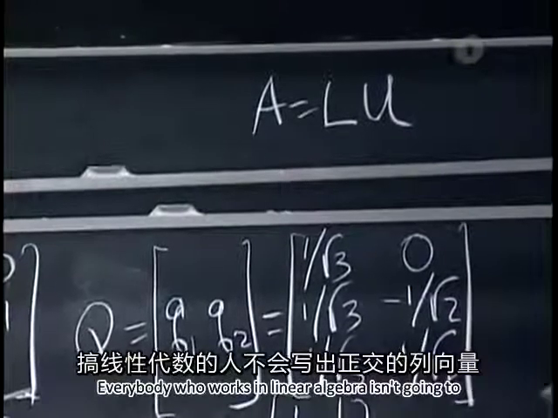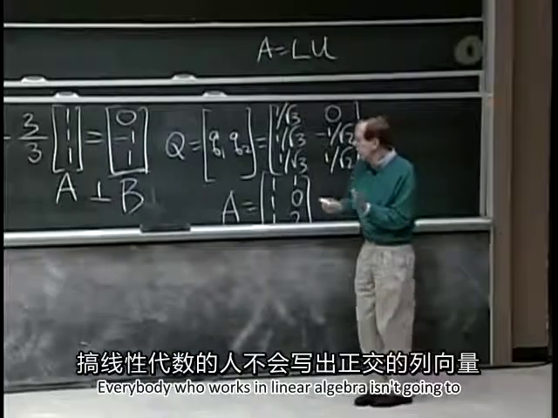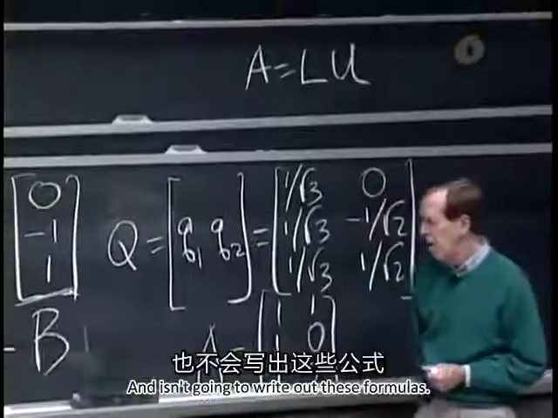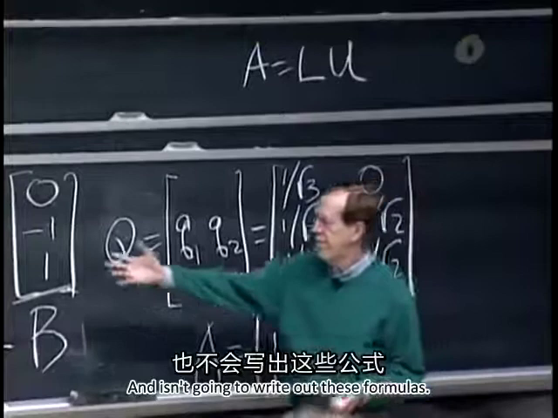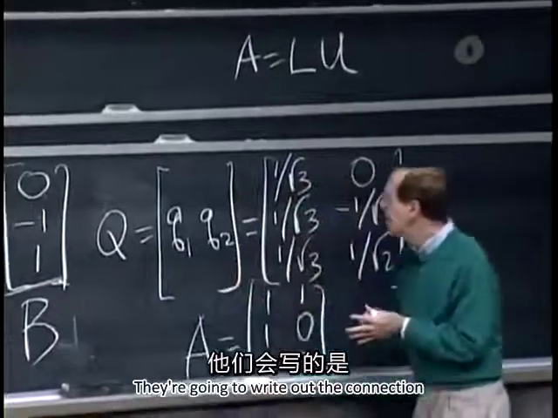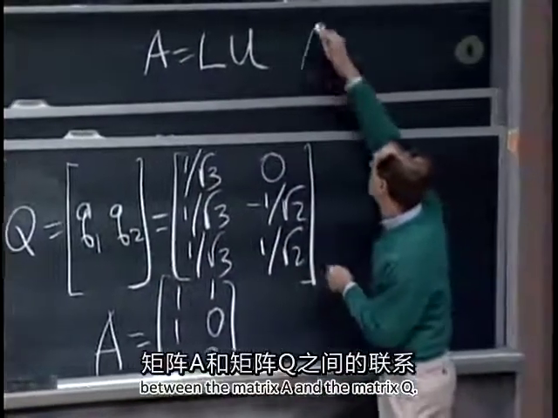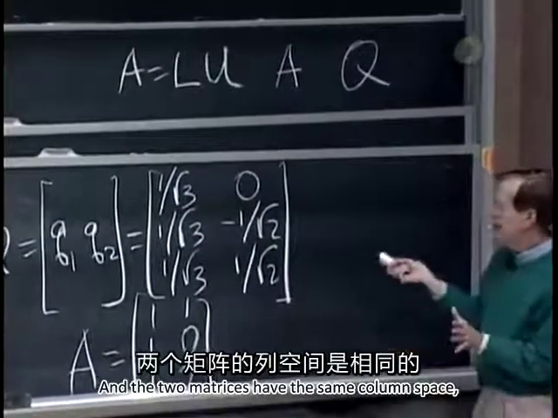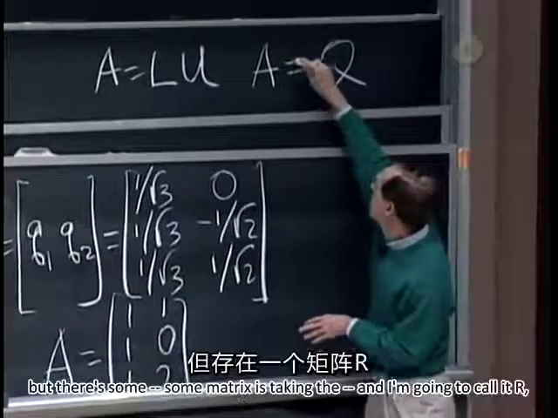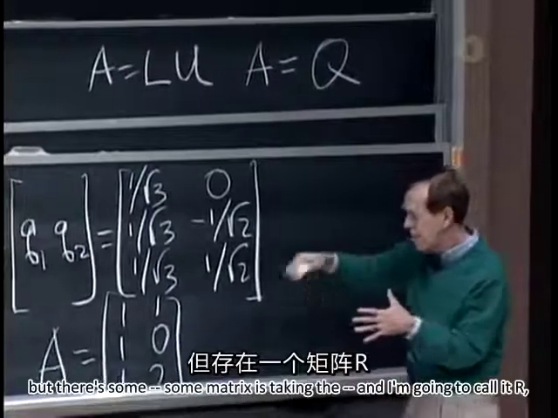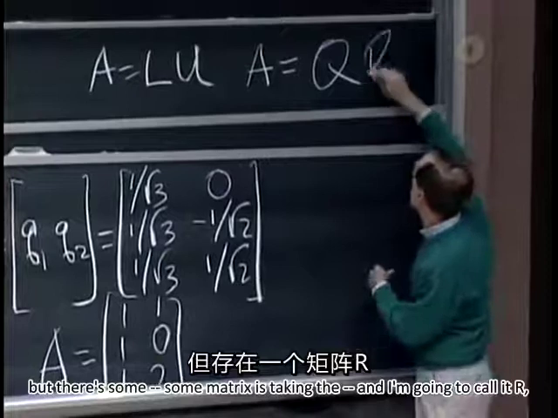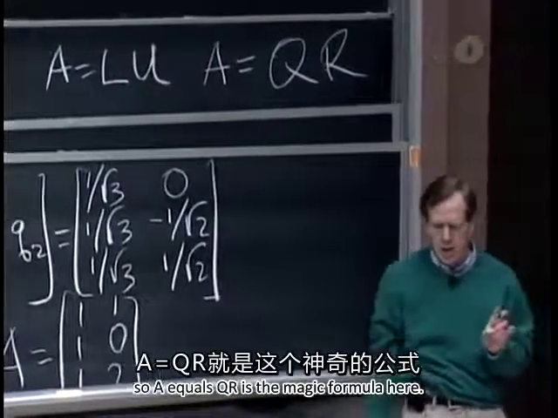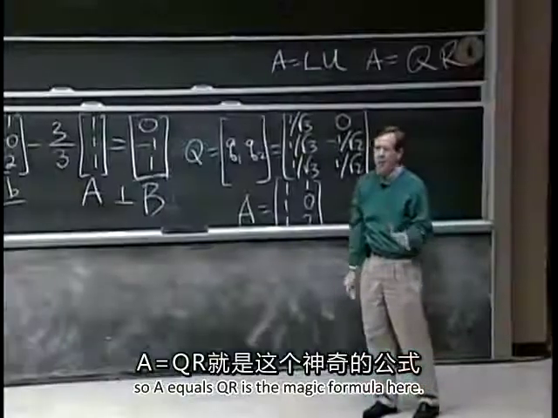Everybody who works in linear algebra isn't going to write out that the columns are orthogonal or orthonormal, and isn't going to write out these formulas. They're going to write out the connection between the matrix A and the matrix Q. The two matrices have the same column space, but there's some matrix taking one to the other, and I'm going to call it R. So A equals QR is the magic formula here.